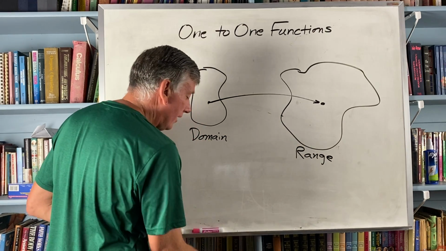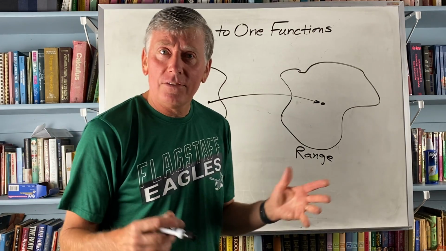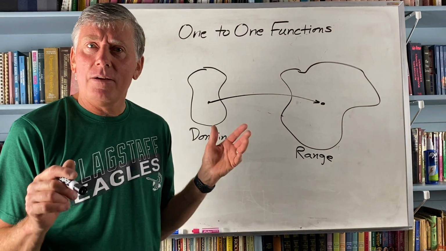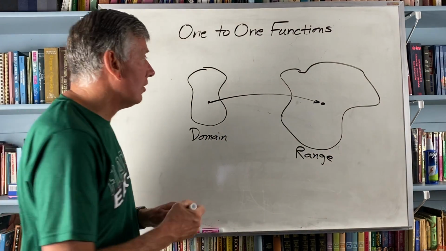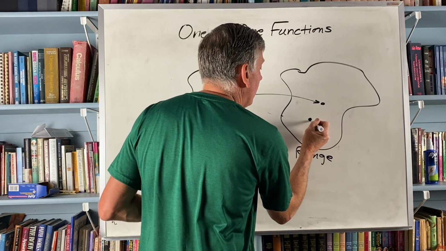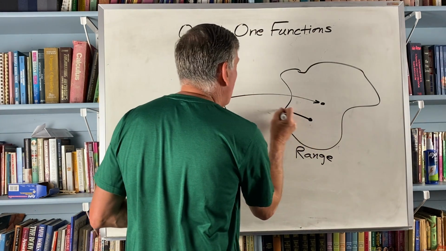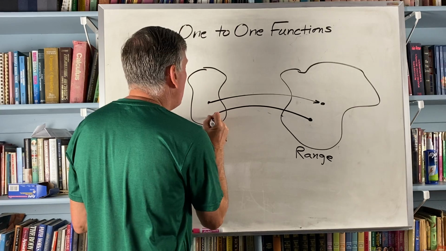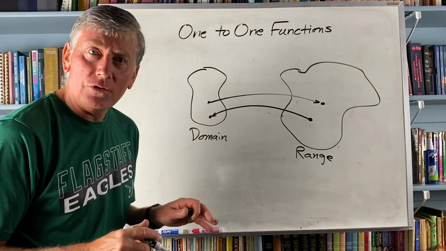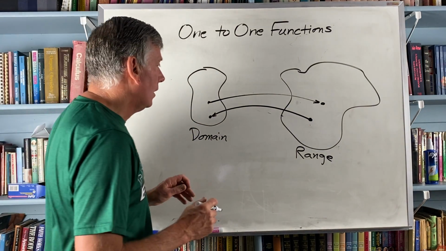One-to-one, the concept of one-to-one is that same thing, but we're going in the other direction. That only for every y value in here only pairs with one x value, not two.